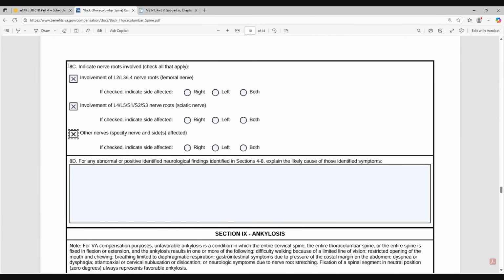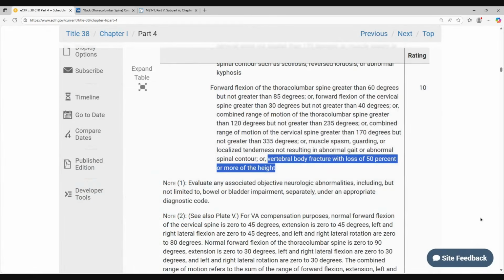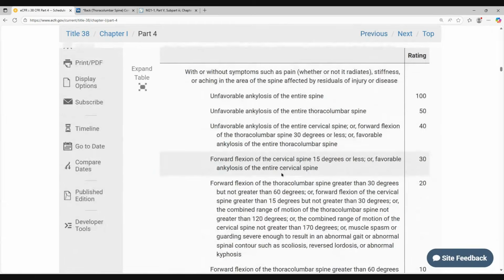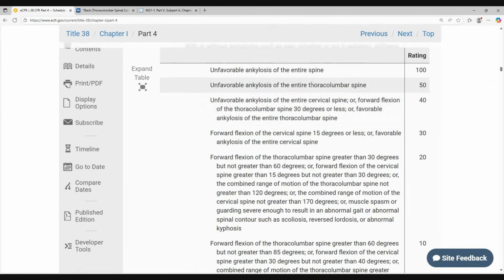What happens with neurological issues is later on, after they've been initially reviewed, they will be reviewed on peripheral nerve DBQs. But the initial assessment is done on a spine DBQ. That is why it can be extremely dangerous if you are an individual with 40%, or even above 20%. Let's say you have 40% for your thoracolumbar spine, and you've never had any neurological conditions claimed beforehand, but you got them.